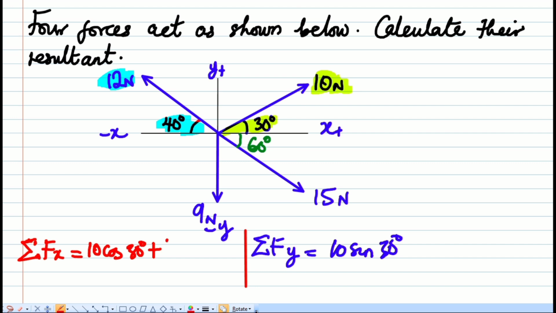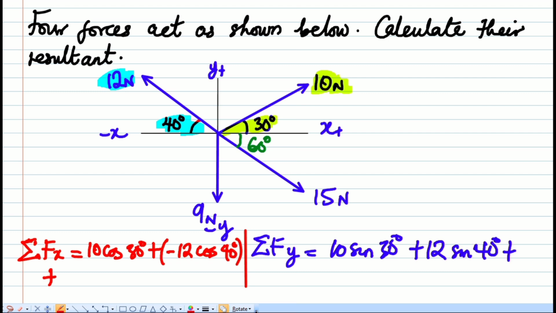So it's going to be plus, let's open a bracket, minus, since it's negative now, 12 cos 40 degrees. All right, plus the next one. So let's do it for the vertical component. You discover that the 12 Newton is also towards the positive y, so it's still positive, plus 12 sine 40 degrees. Now let's move on to the next force.